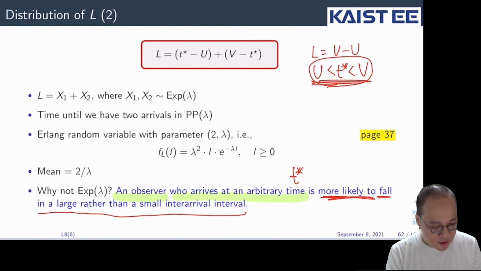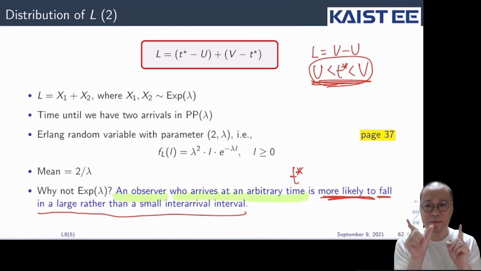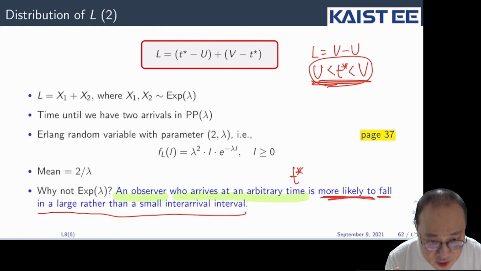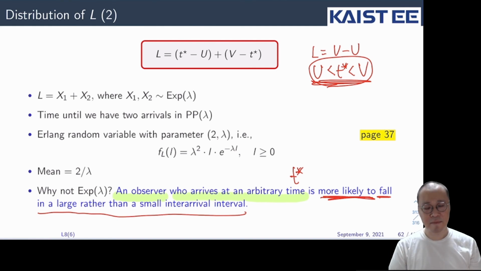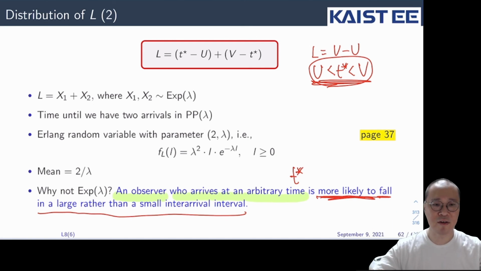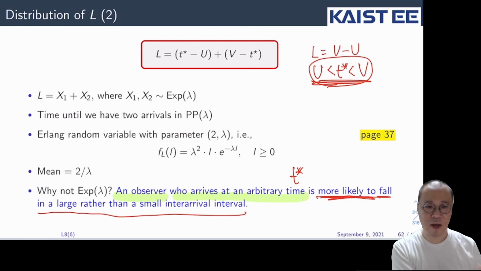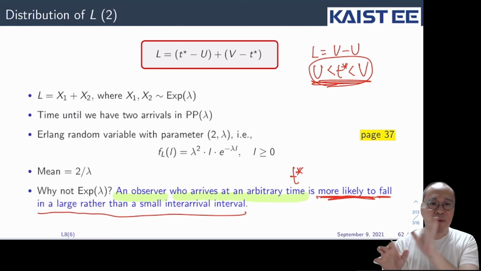Which means that suppose t star is some arbitrary time that I look at the system. It's a sampling time. If we fix the sampling time, obviously it's more likely to fall in a larger inter-arrival interval rather than a small one, which means that out of many inter-arrival intervals, I only sample the inter-arrival interval that is larger than the mean inter-arrival interval.